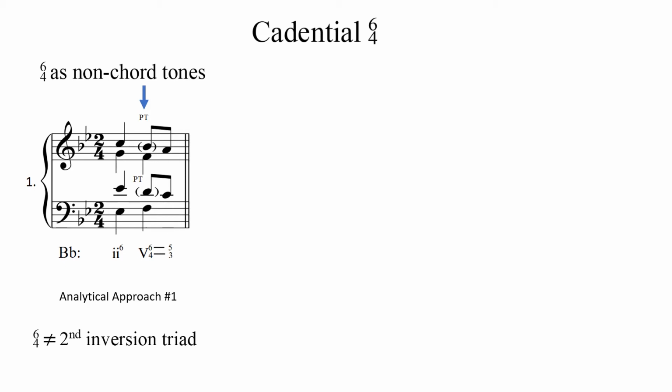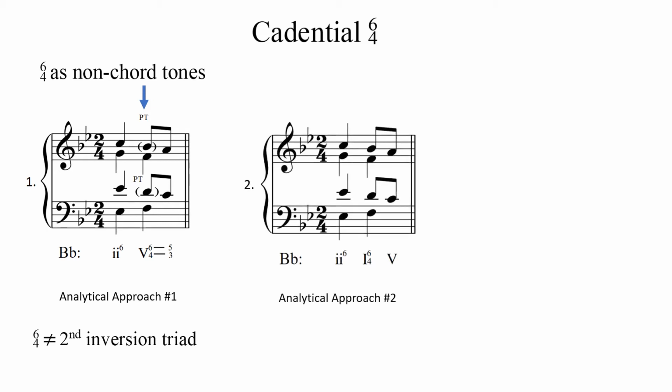They might be quite attached to the idea that 6/4 means second inversion, and they may resist attempts to convince them otherwise. Perhaps in response to this reality, some theorists embrace other analytical approaches by treating the 6th above the bass and the 4th above the bass as chord tones, and thus the cadential 6/4 as a second inversion tonic triad that progresses to the dominant as seen in example number 2.